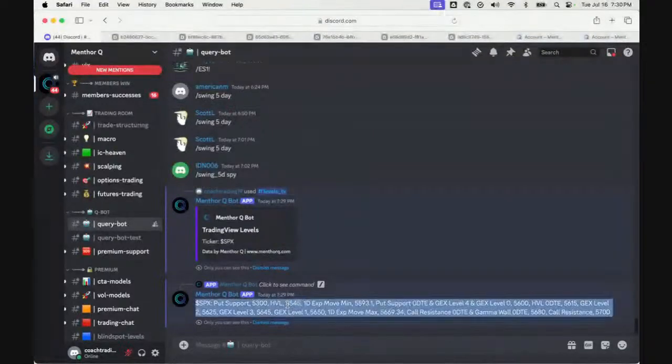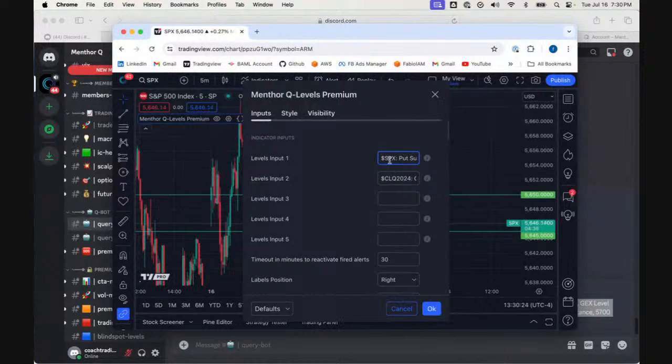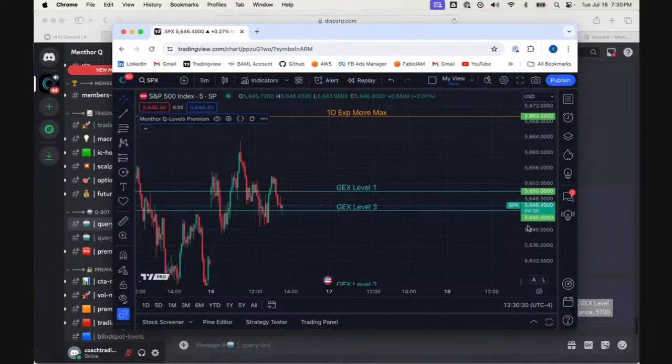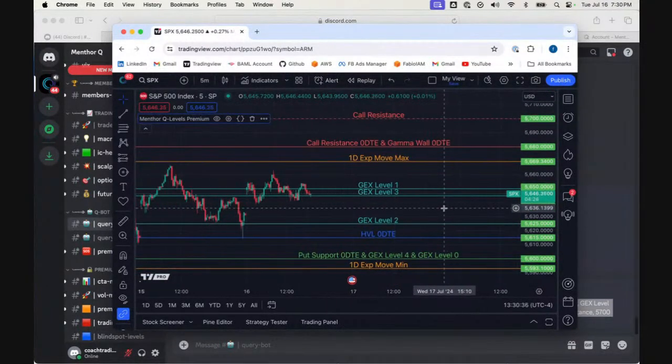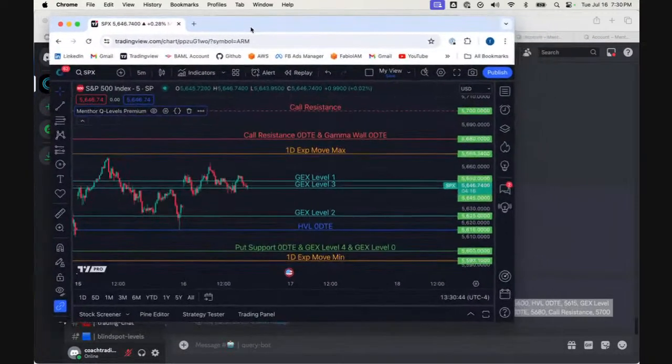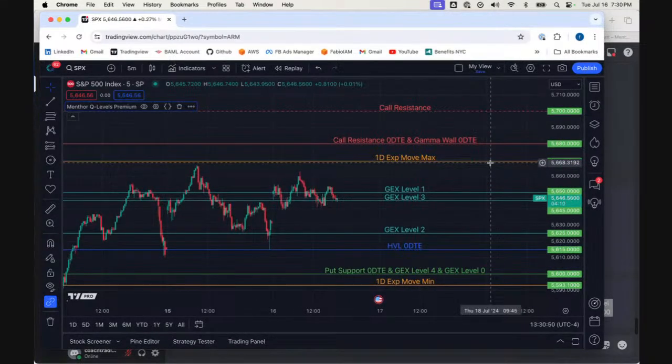All I need to do is copy the text, then come into the indicator. Yeah, and these are the levels for today. The 1-day max was around 70, so that's where I got that from. And then 75 is a round number. Those quarter stripes are always levels that humans tend to trade, and that's where these levels came from.